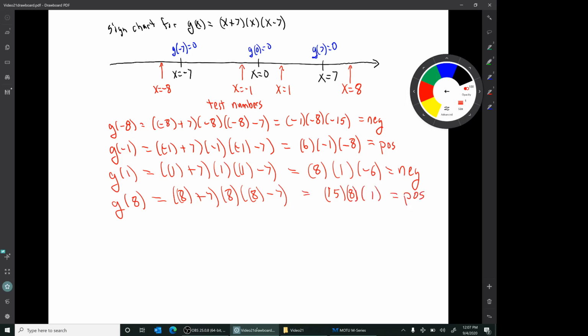So there are my signs at the test numbers, and we add the information to the sign chart by putting pluses and minuses along the whole intervals.